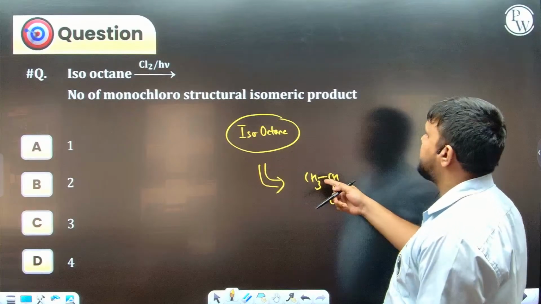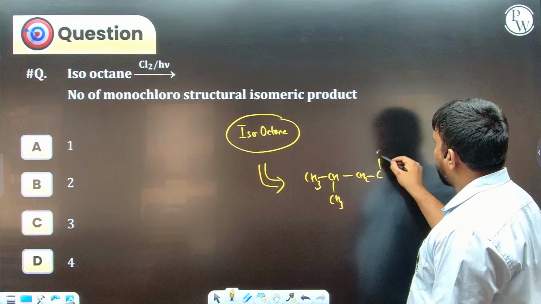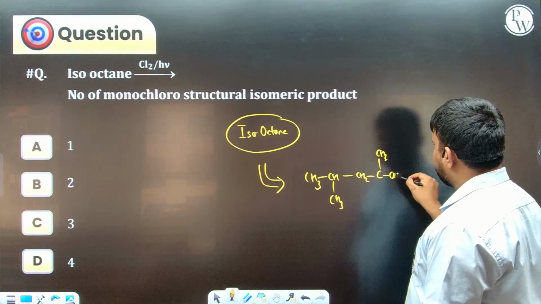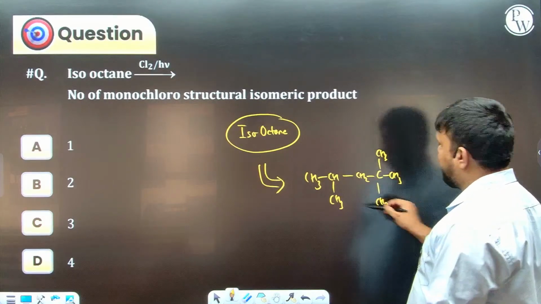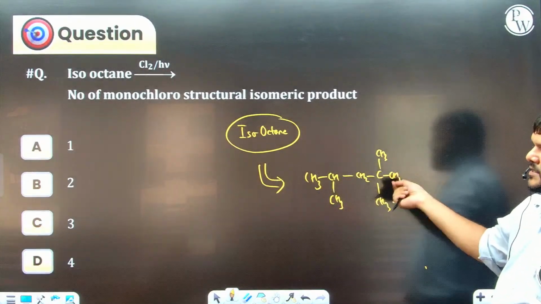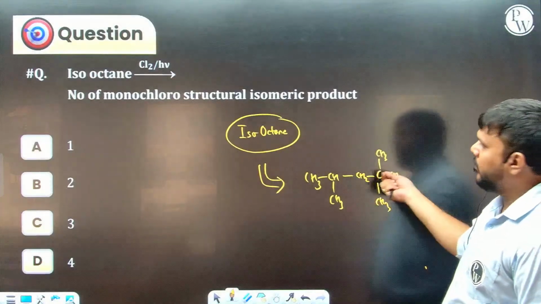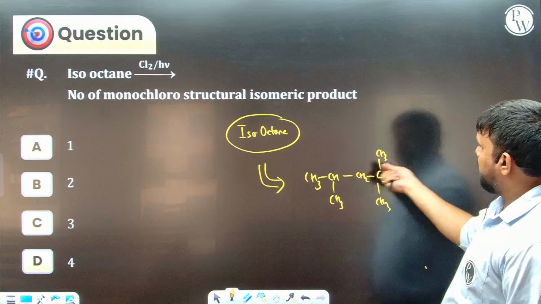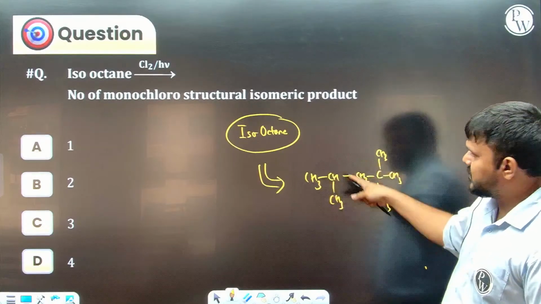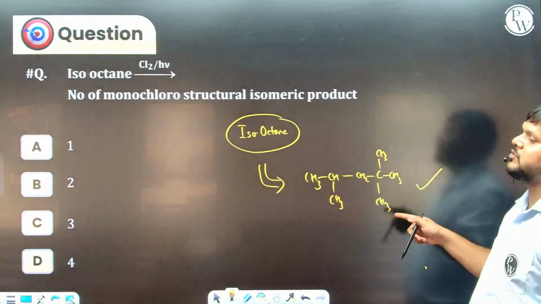You already know this is the iso, but the most interesting part is mainly what students think, that this is the iso part and we have to just add CH2 CH2 to get the isooctane. We will have 5 more carbons over here after this, but how these 5 will be there, we have to remember. This is the isooctane.